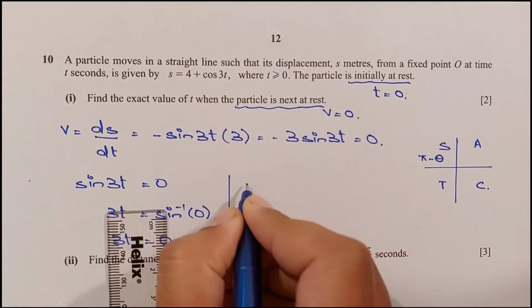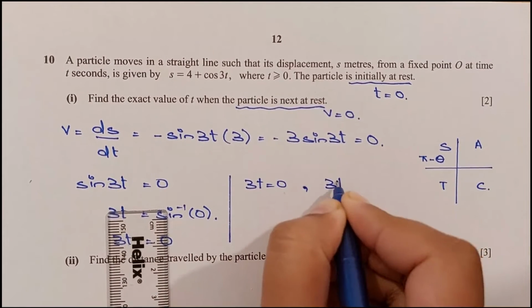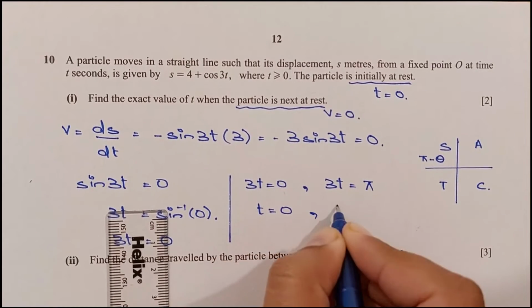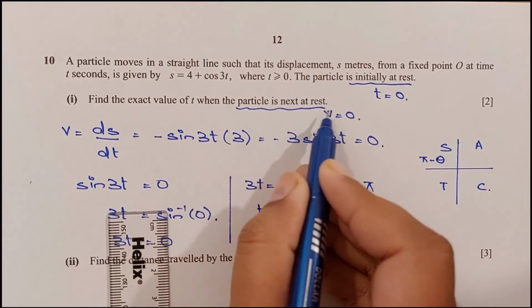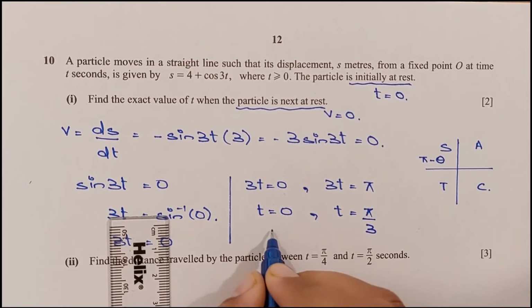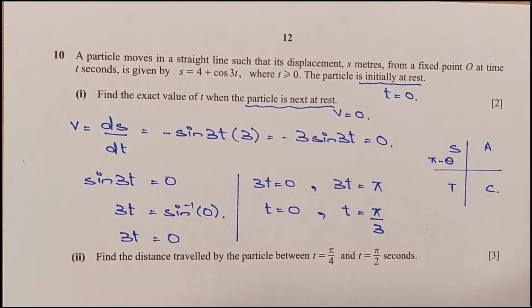We can say that 3t is equal to 0, or 3t is equal to pi minus 0, that is pi. So from here time is 0, and from here time equals pi by 3. So the particle is next at rest at t equals pi by 3. It is already at rest at t equals 0, which is given, so the next point is pi by 3.